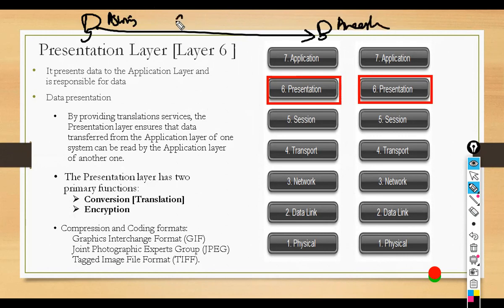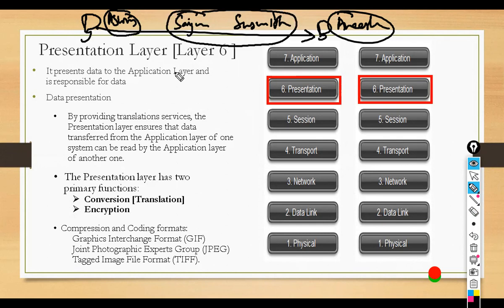We have Sajin and Susmit in between. Ashwin and Anish are sending something secretly.